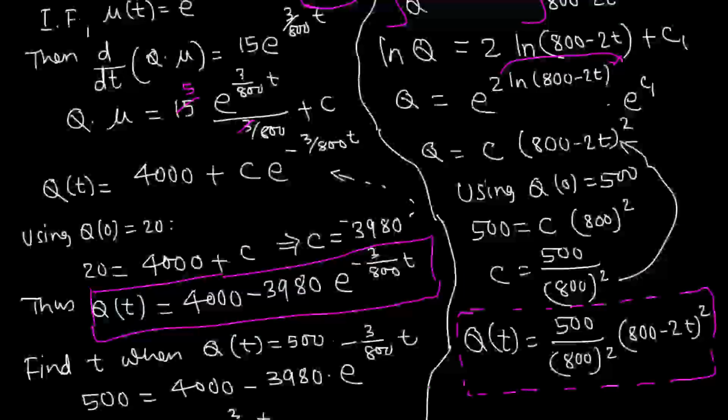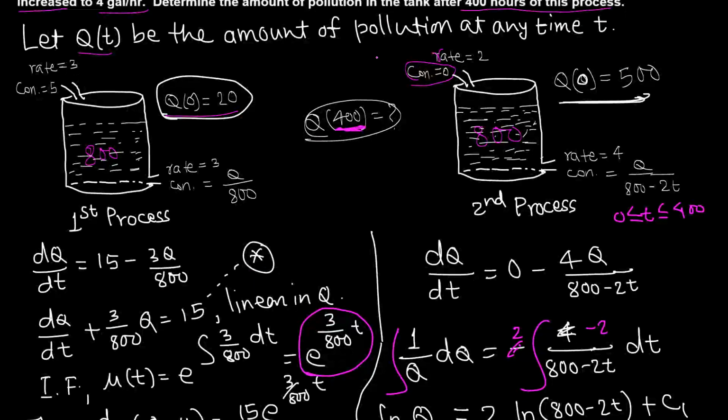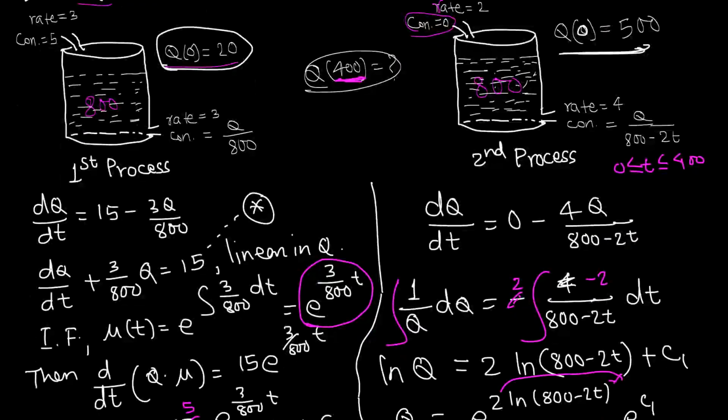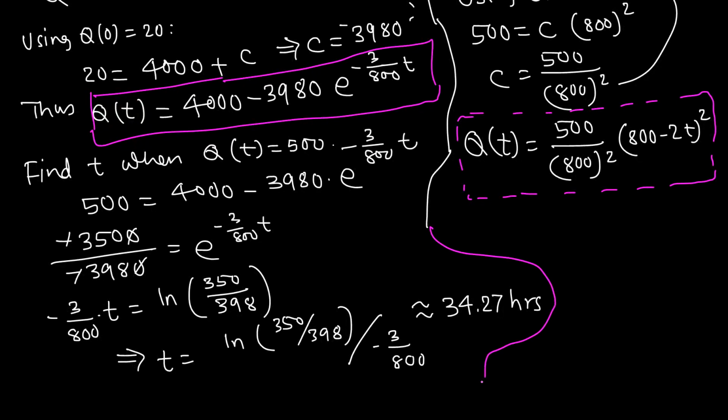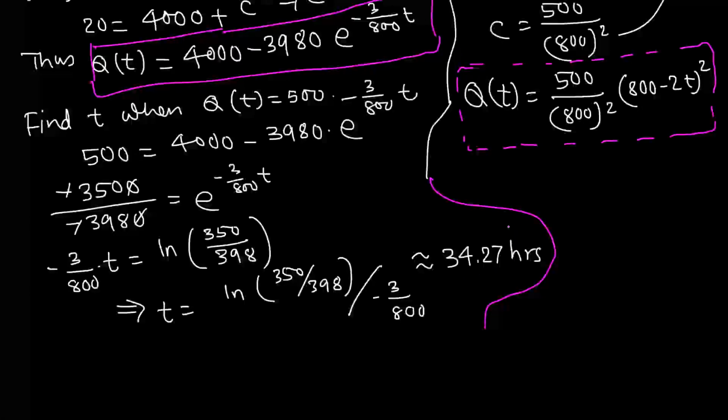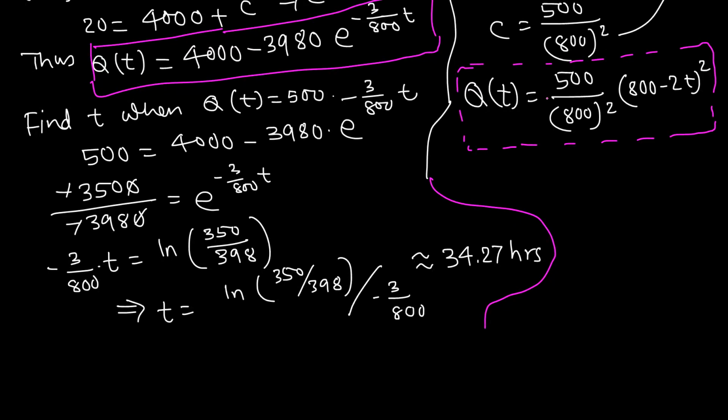Now we can answer the final question. We were asked what is the amount of salt after 400 hours of the total process, and the first process took 34.27. Then to get 400, we just subtract 34.27 from 400 and we'll have some number we plug in there.